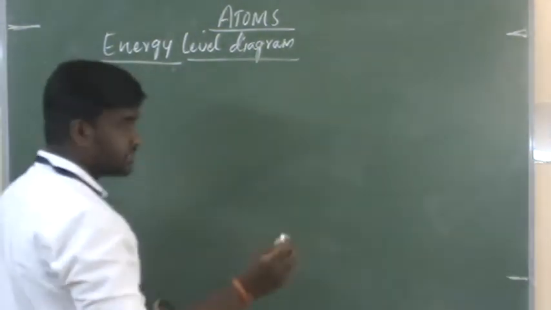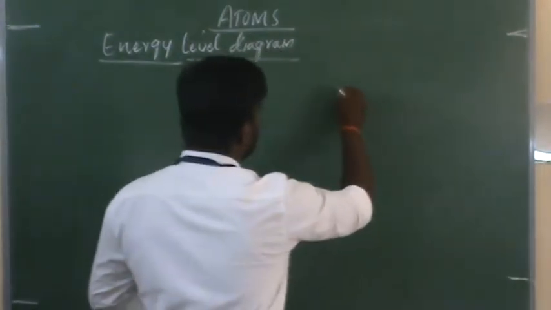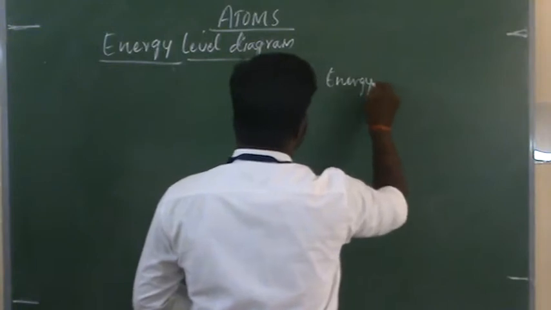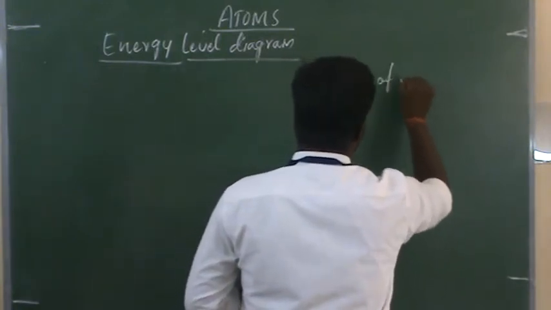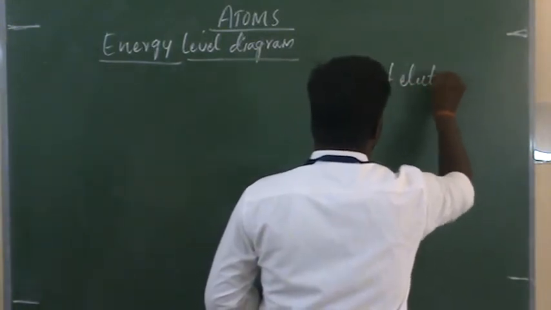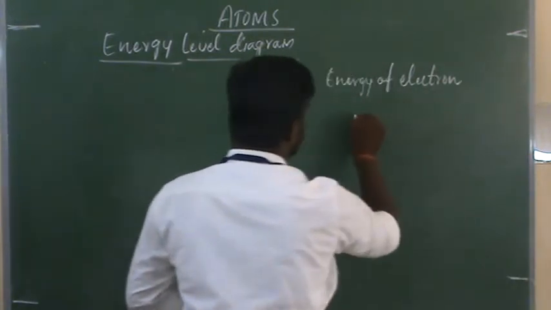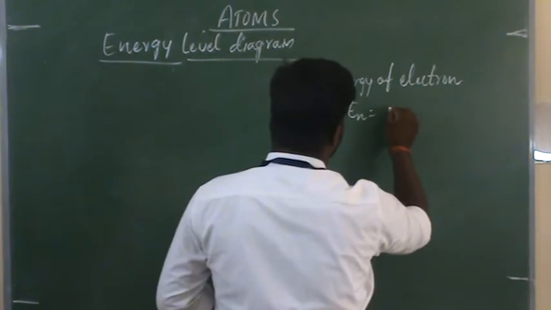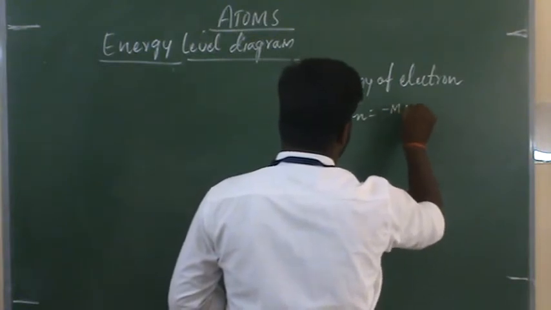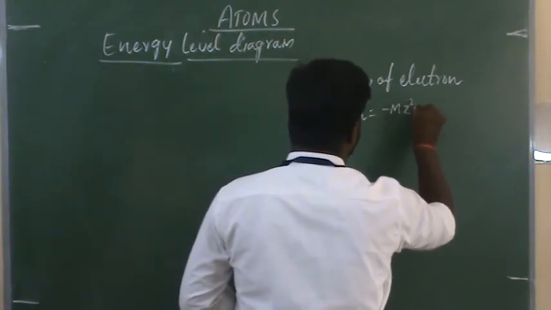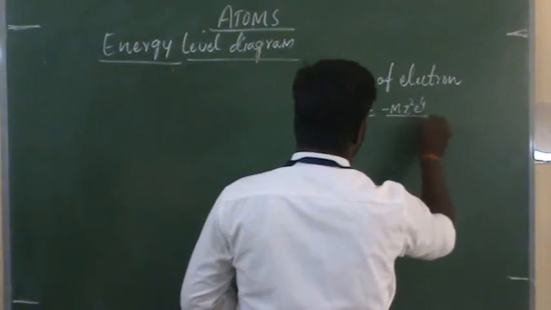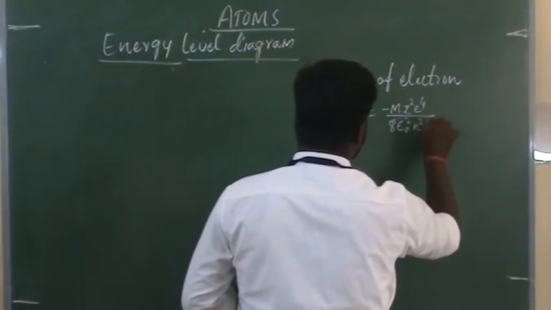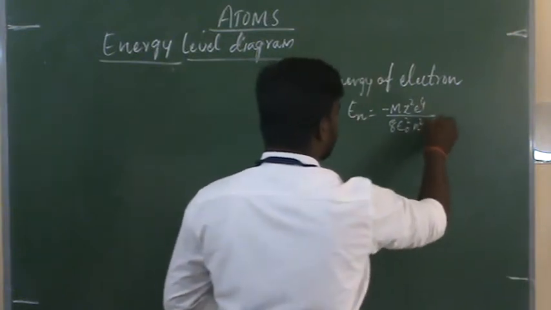Before that, we derived the energy of the electron of nth orbit. En is equals to minus m z square e to the power of 4 divided by 8 epsilon naught square n square h square.